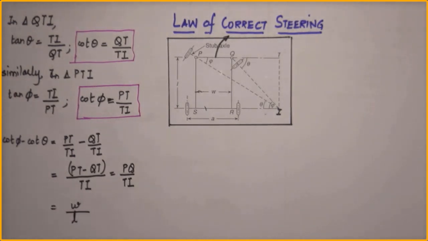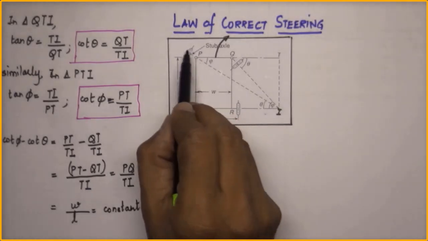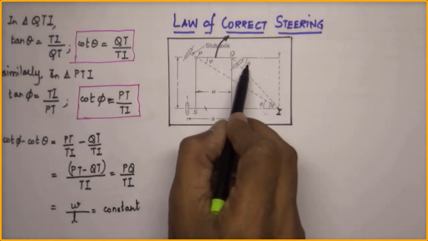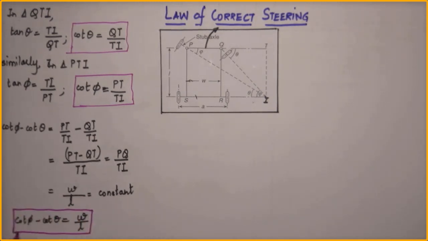Points to be noticed here is the width of the chassis and the wheelbase of a vehicle are all constant, and therefore we get a very nice relation between the angle turned by the outer wheel and the angle turned by the inner wheel, the ratio being cot phi minus cot theta would be given by W upon L. Notice here that the right hand side of this equation is a constant, and therefore the difference between the two is a non-zero number.